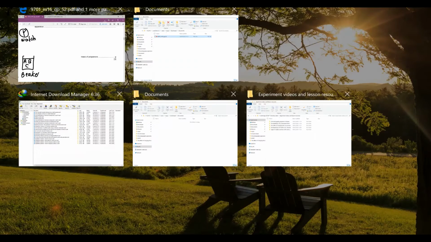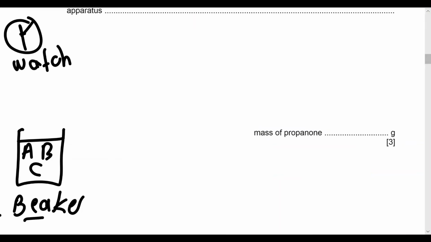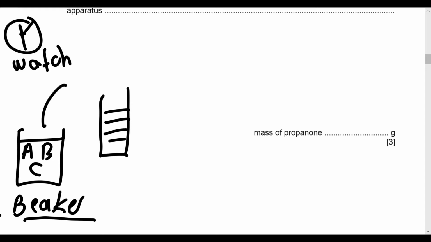You will take a sample from this beaker, then you will transfer it to another container, or let's say a test tube. This test tube contains sodium hydrogen carbonate.